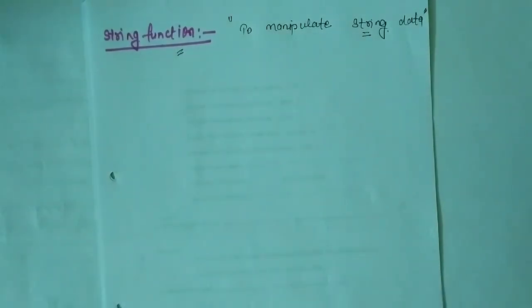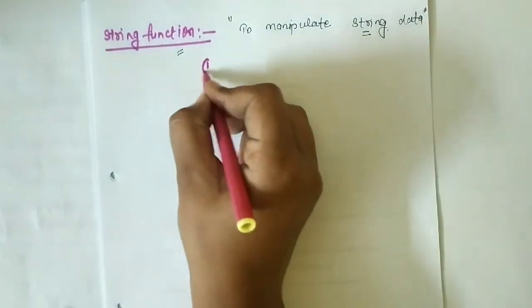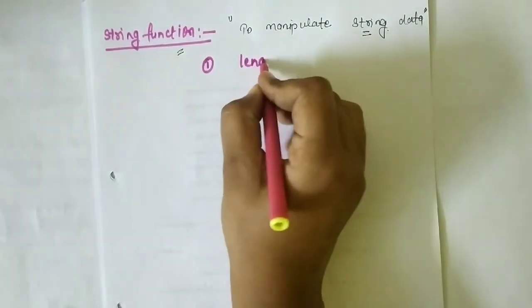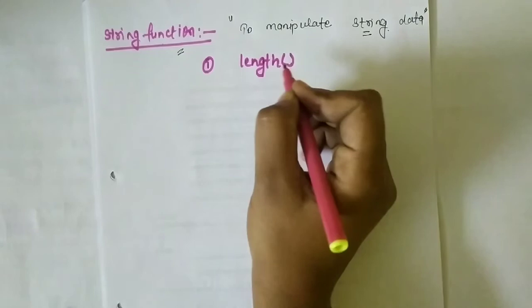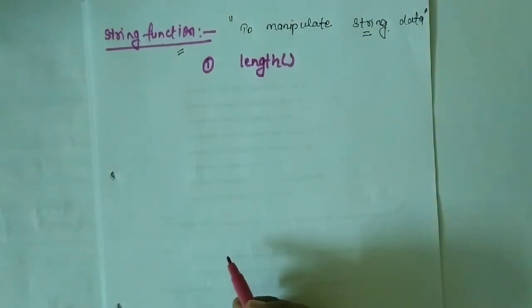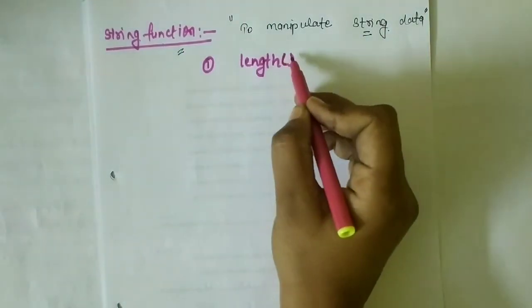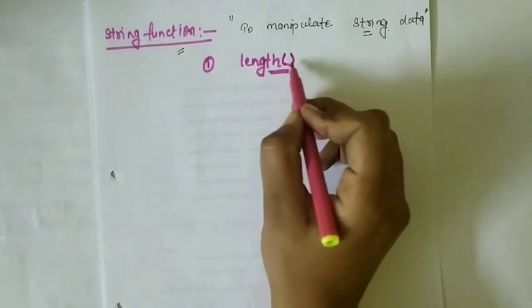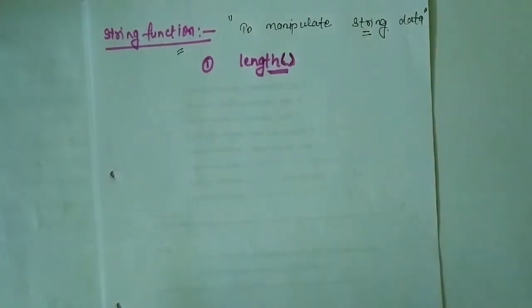So our first function is the length function. For any function, it is compulsory to put the small brackets. What is the use of the length function?